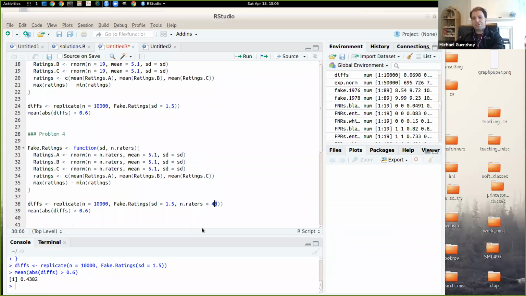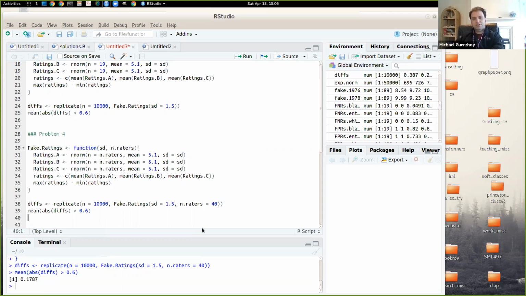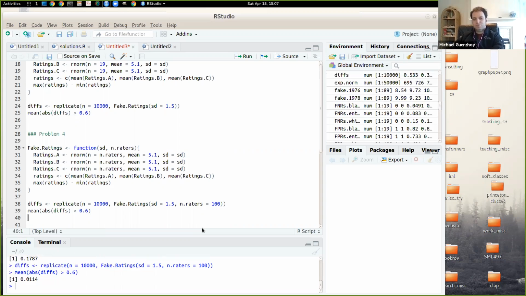So for 40 raters, how often would we see a difference of 0.6? The answer is 17% of the time, so that's still large. So let's try 100. Okay, 1% of the time, so that's good.